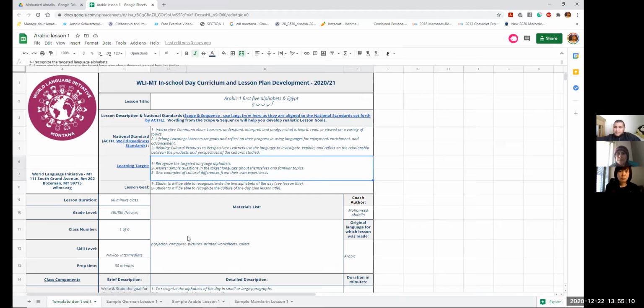It's kind of like putting the chocolate in the cake. I'm putting the alphabet in the middle of everything. Talking about the alphabet would take only 10 to 15 minutes of class, but the rest of the class is going to be about communication. Learn how to say that, so you can then talk about that.